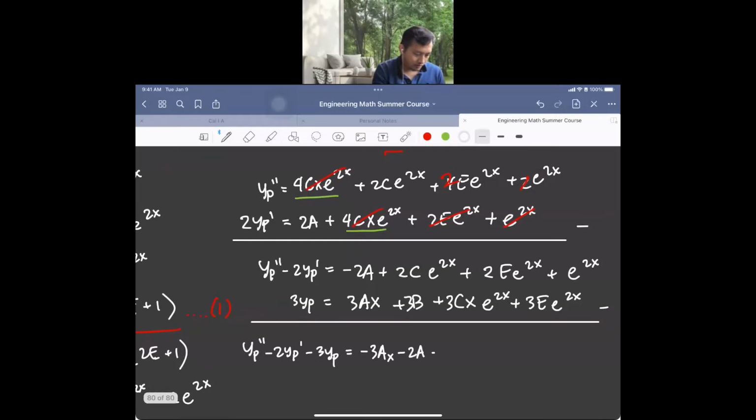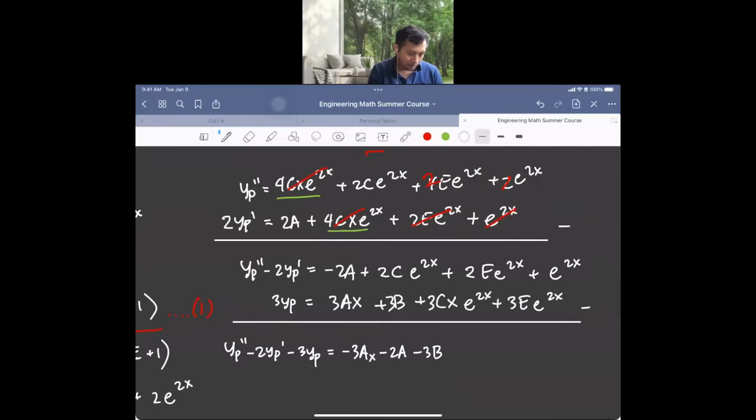I think we can write all the constant x. Okay, we can write e^(2x). This will be 2c plus 2e, right?